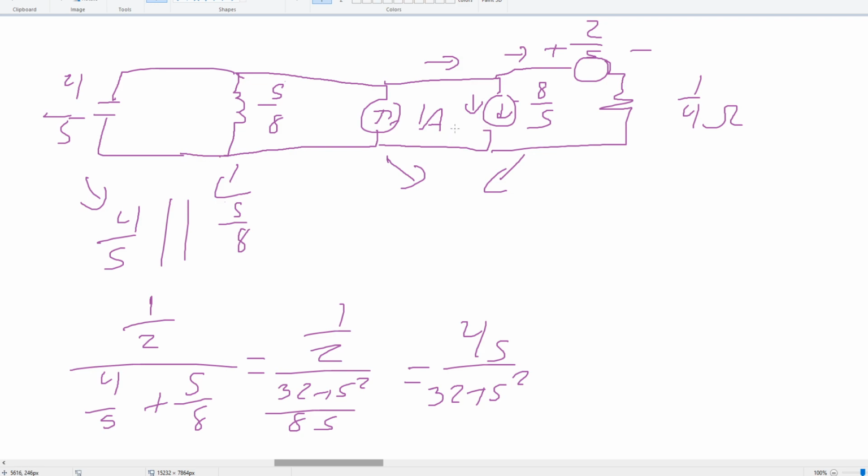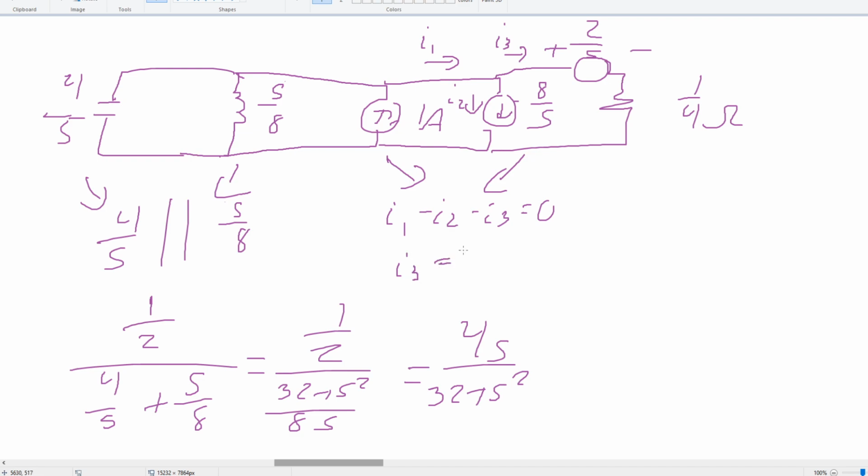So KCL, this one minus this one minus this one, right? I1, let's say that this is I1, I2, and I3. I1 minus I2 minus I3, which is equal to 0, and we're trying to find I3.